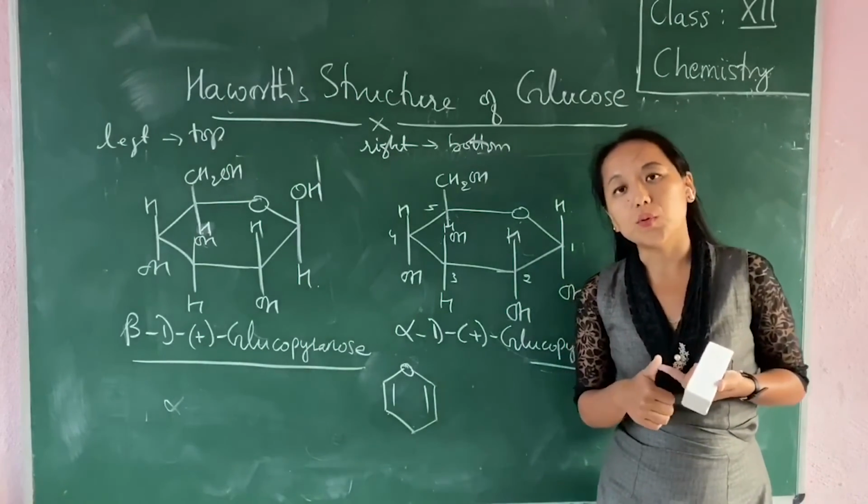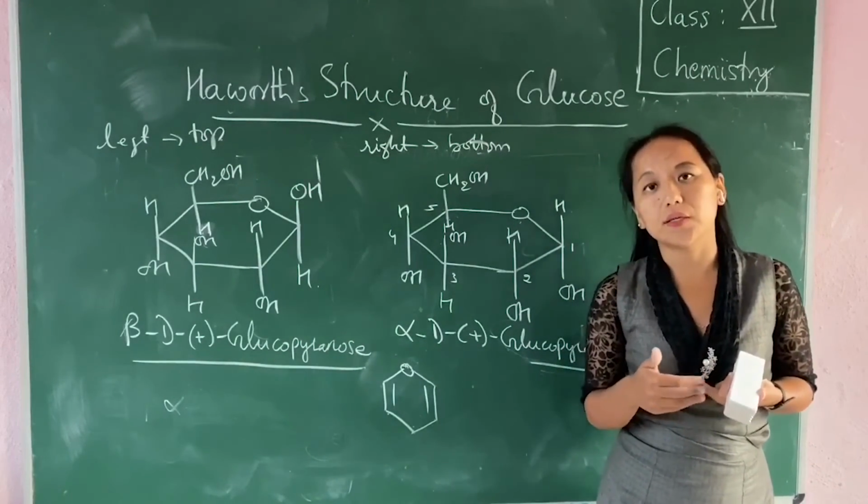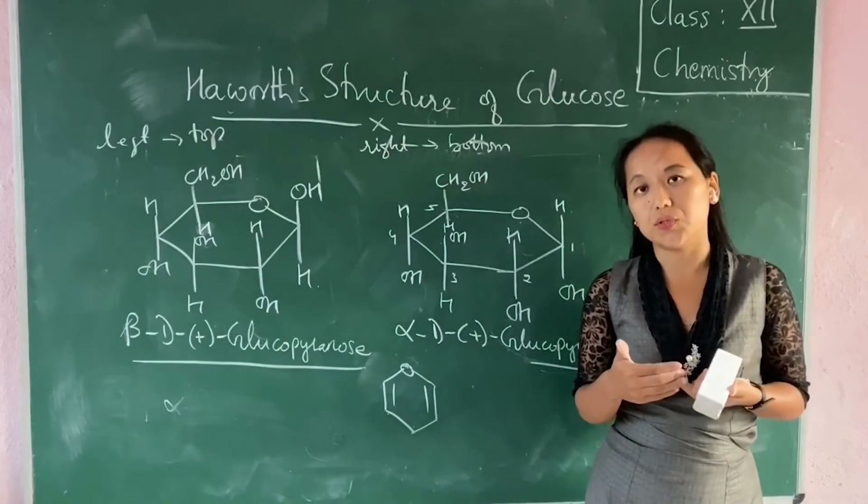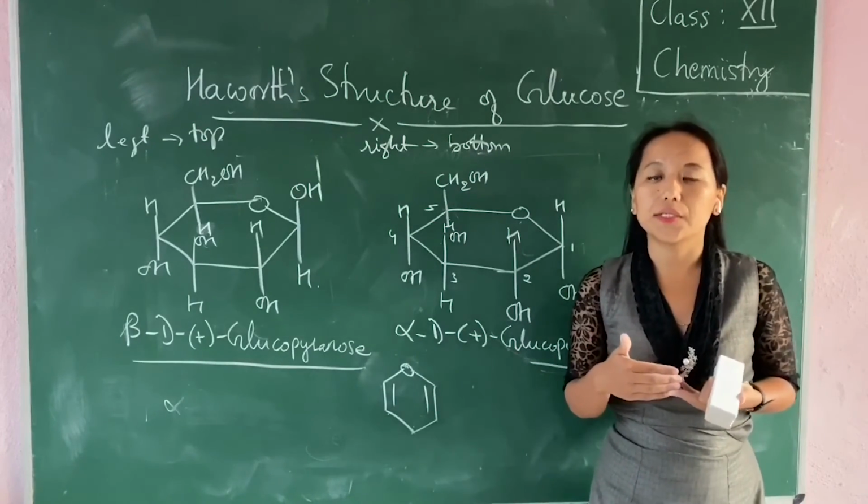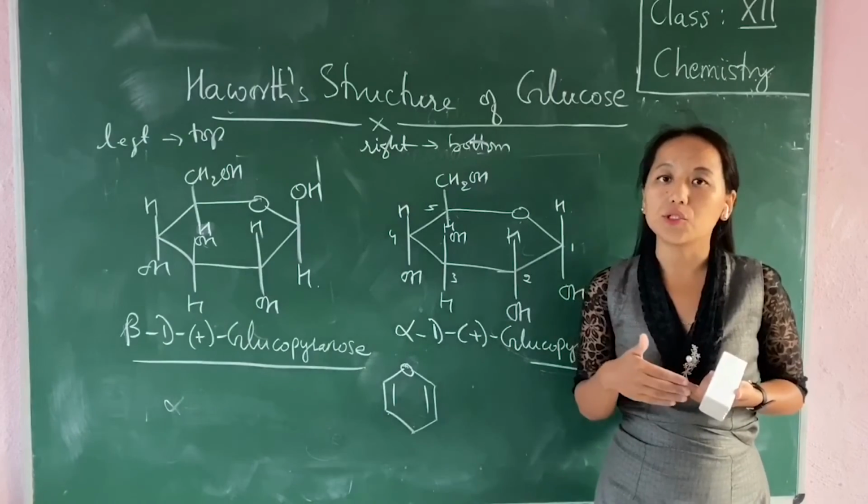Monosaccharides cannot be further hydrolyzed. Monosaccharides examples are glucose and fructose, oligosaccharides examples are sucrose, maltose, lactose, and polysaccharides examples are starch, cellulose, glycogen.